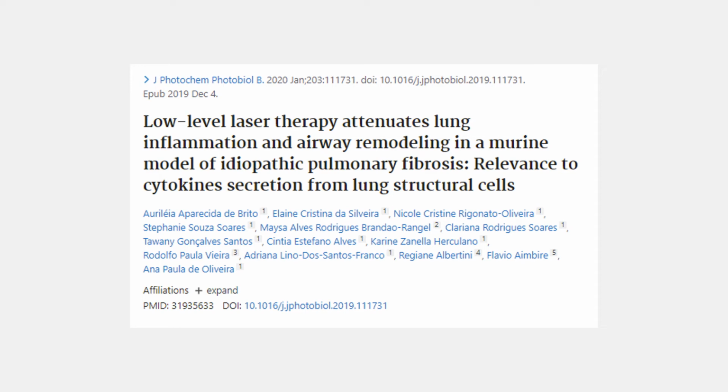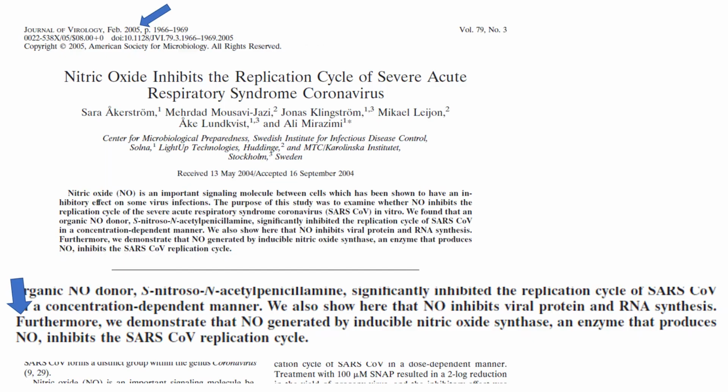So we will talk quite a bit about how laser is able to help patients with musculoskeletal injuries, but we have some of these outside of the box cases where laser is able to help, such as this case with idiopathic pulmonary fibrosis. Interesting study looking at how nitric oxide is able to inhibit the replication of the acute respiratory syndrome coronavirus.